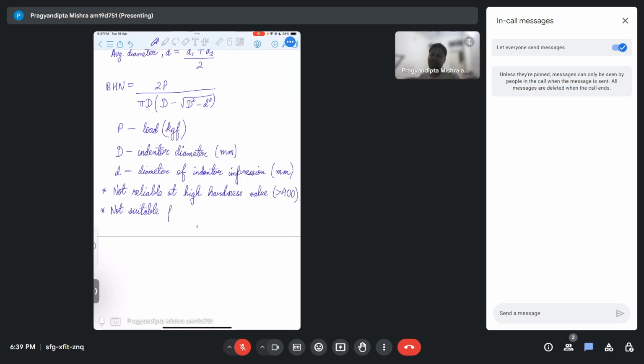So here the main difference is that you don't use a ball like a steel ball or tungsten carbide ball. Instead, we use a diamond pyramidal indenter.